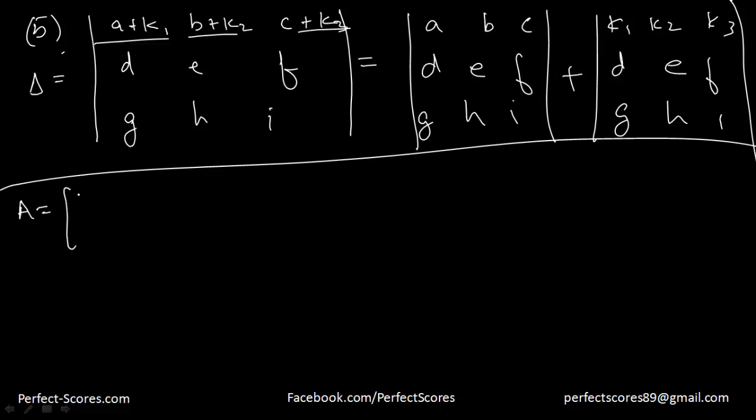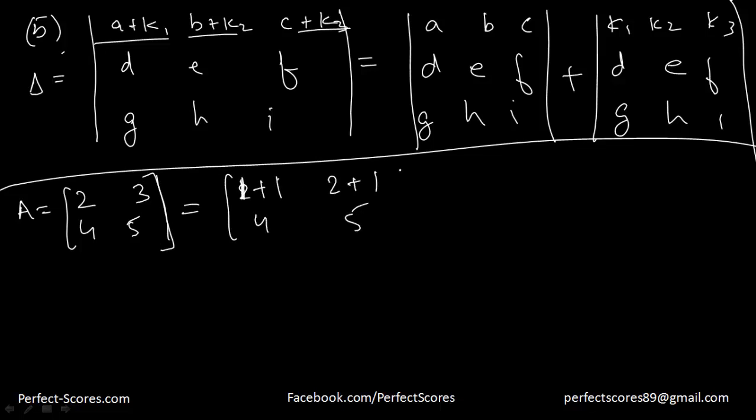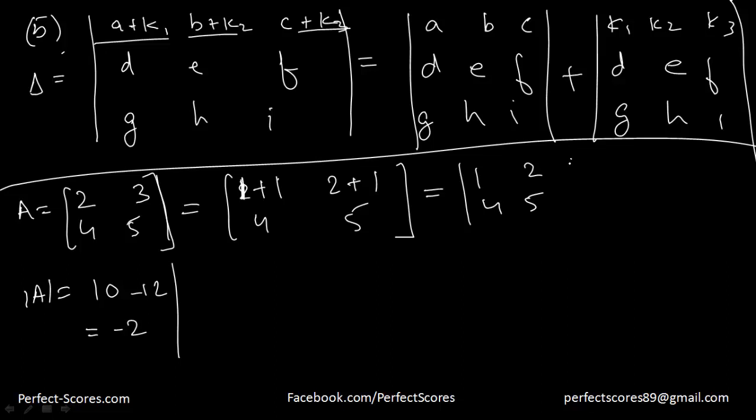Let's suppose we have a determinant, let's say 2, 3, 4, and 5, which can also be written as 1 plus 1, 2 plus 1, 4 and 5. So what is the value of this determinant here? The value of this determinant is going to be 10 minus 12, which is going to be negative 2. And if I write it like this, that is 1, 2, 4, 5 plus 1, 1, 4, 5.